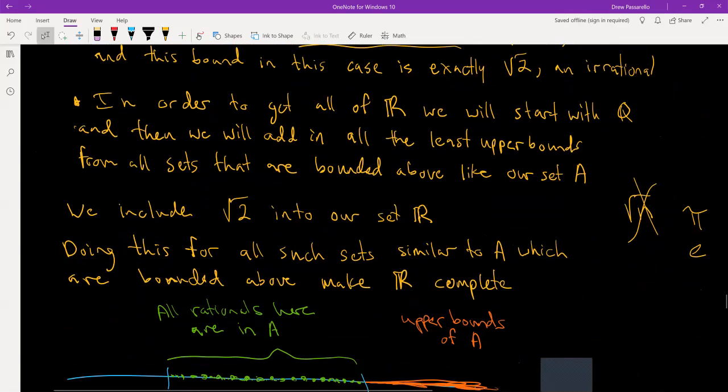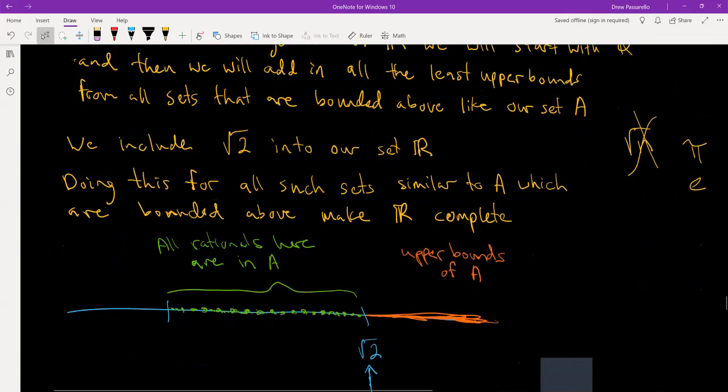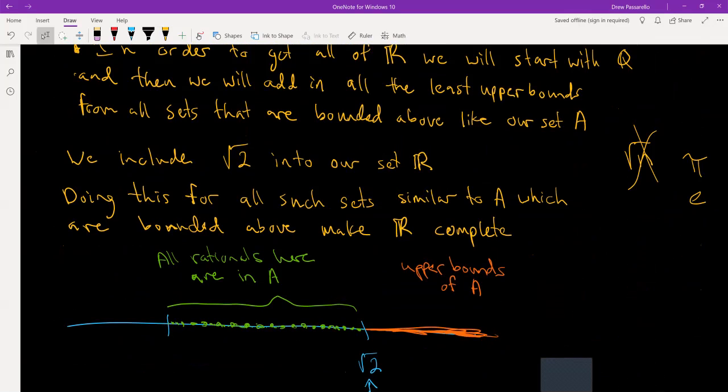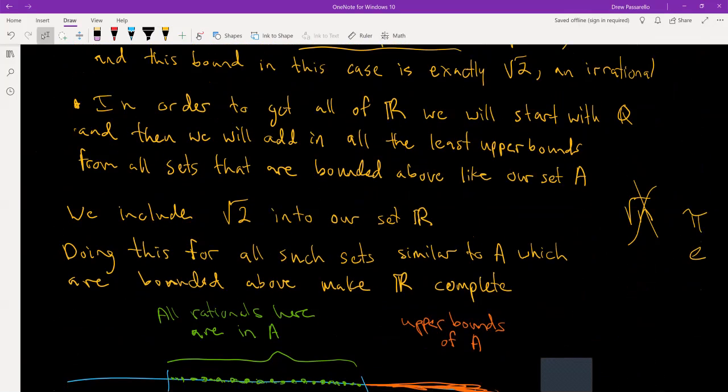The supremum is the least upper bound of the upper bounds of A. If you have a set of rational numbers like A, and you have the least upper bounds of such sets, we include these least upper bounds in the set of real numbers, which makes the real numbers complete.